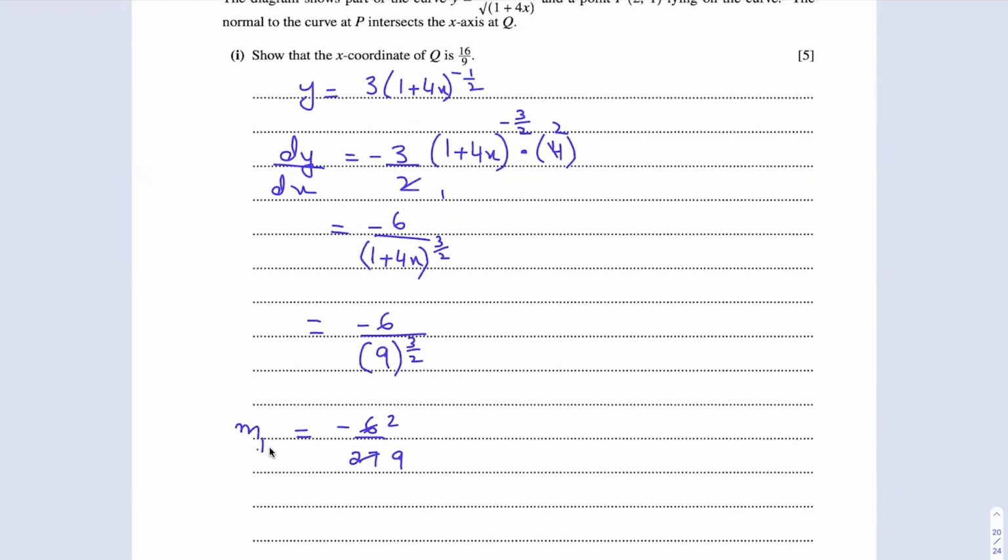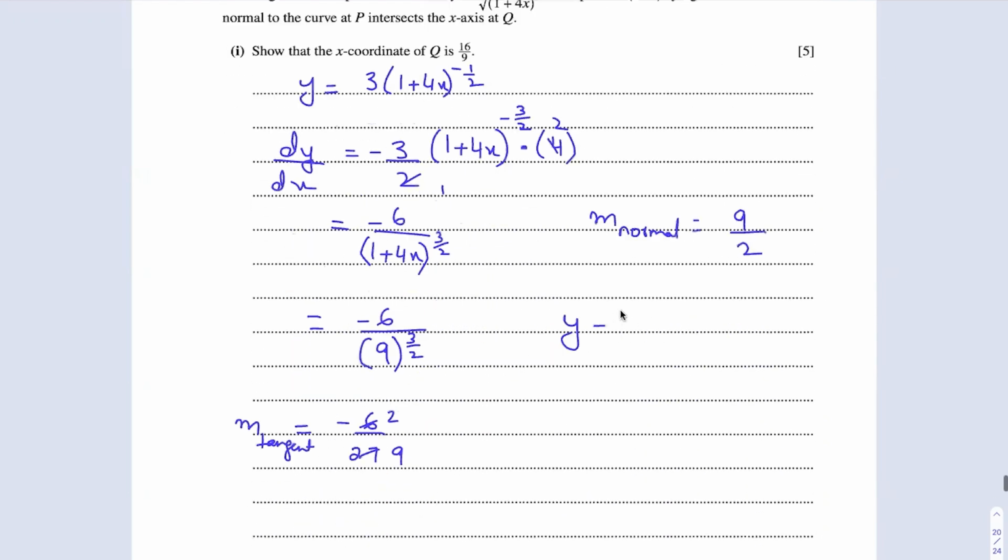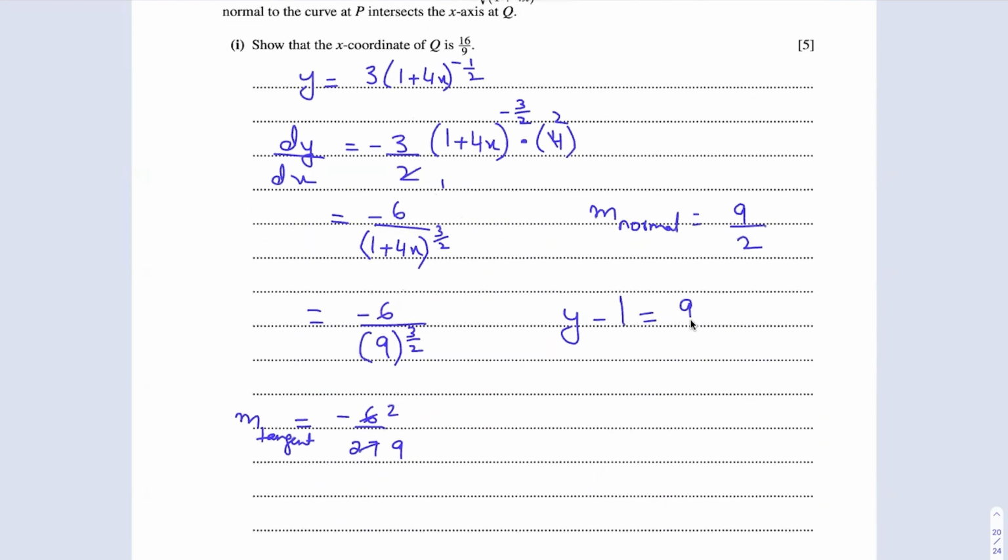The gradient of the normal would be positive 9 upon 2. Forming the equation of the normal, we'll get y minus 1, since the point P is (2, 1), is equal to 9 upon 2 into (x minus 2).